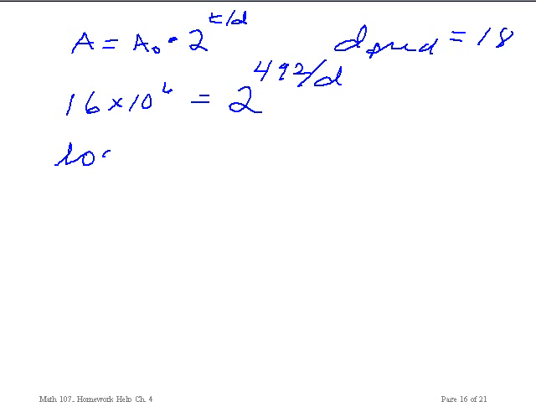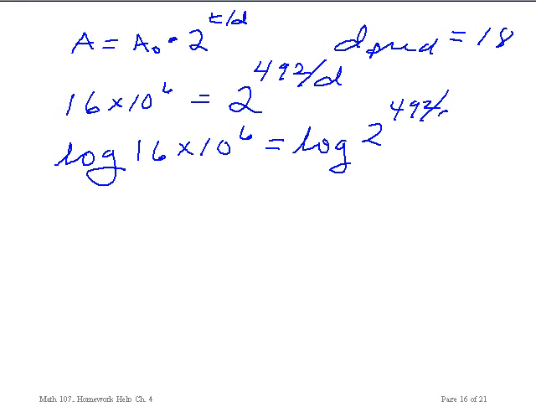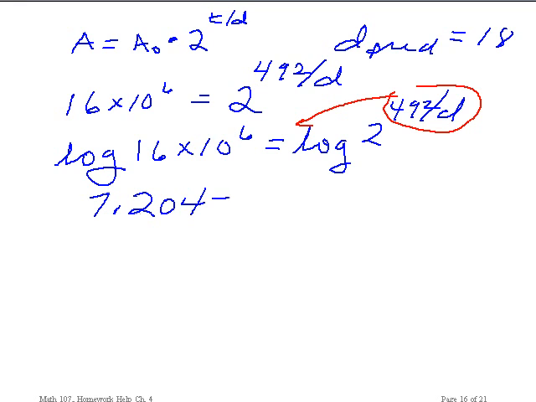Okay, so I take the log of both sides. Log of 16 times 10 to the 6th equals the log of 2 raised to 492 over D. Okay, this term is going to come out in front. So I have the log of 16 times 10 to the 6th, know that already, 7.204, and that equals 492 divided by D times the log of 2, which is 0.3010.